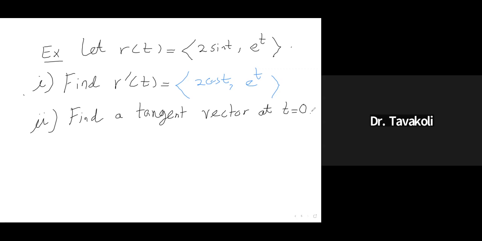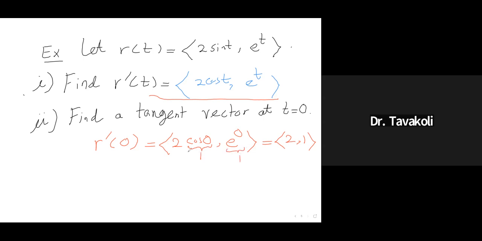So at t equals 0, I just look at r prime of t and compute that at 0. I computed r prime of t. It was 2 cosine of t and e to the t, so it is 2 cosine of 0 and e to the power of 0. Cosine of 0 is 1, e to the 0 is also 1, so 2 times 1 in the first coordinate will be 2, and the second coordinate 1.